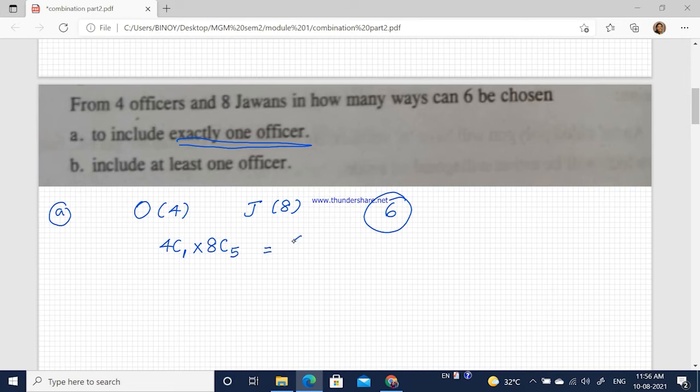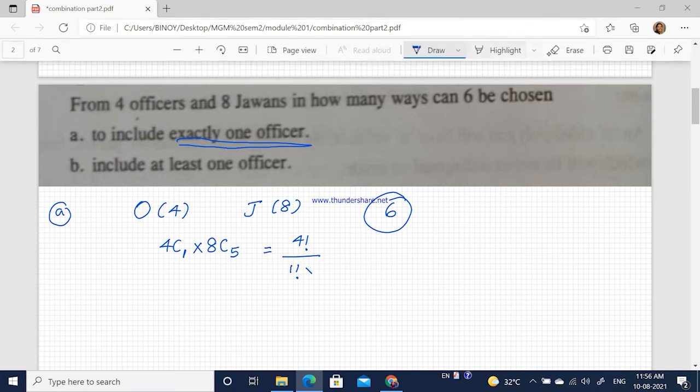So 4C1 means 4 factorial by 1 factorial into 3 factorial, times 8 factorial by 3 factorial into 5 factorial. So you will get the value 224.